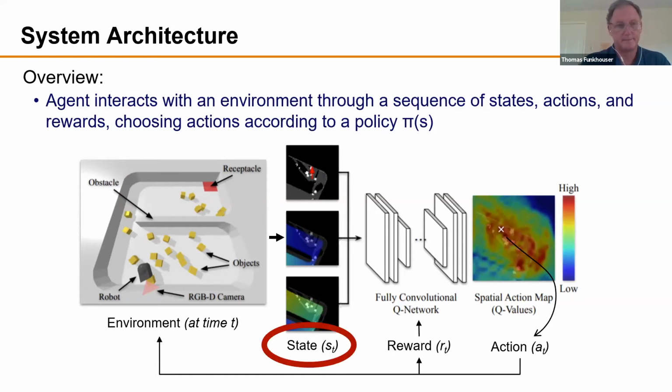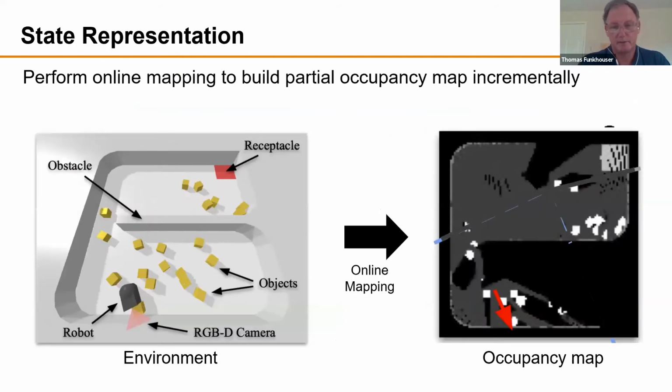So first, the state. Given an environment, our first step is to do some sort of online mapping to build an occupancy map of where obstacles are. This is not a global map that is provided by the system. This is the aggregation of observations for this robot over time.